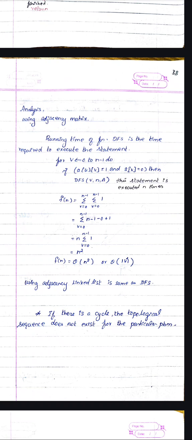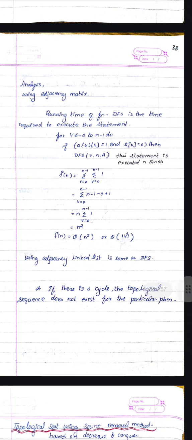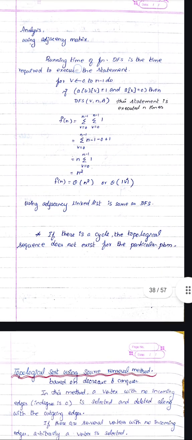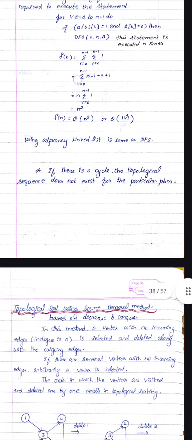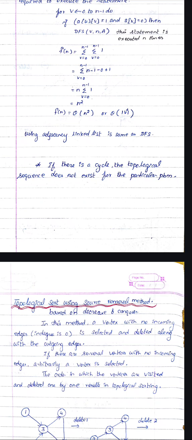The running time for DFS is the time required to execute this statement: n minus 1 minus 0 plus 1, that is n, taken outside, again n minus 1 minus 0 plus 1, that is n square, theta of n square. n is nothing but the number of nodes or vertices. If there is a cycle, then a topological sequence does not exist for the particular problem.